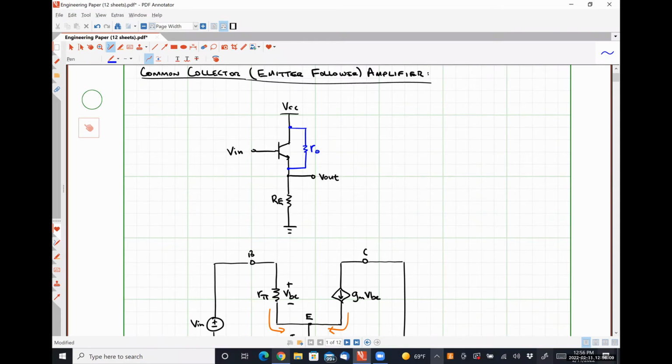I don't need to do any new analysis whatsoever to figure out what changes occur due to having my early effect resistor present. Literally just everywhere I see RE, put RE in parallel with R naught, and I'm good to go. Is that okay with everybody?